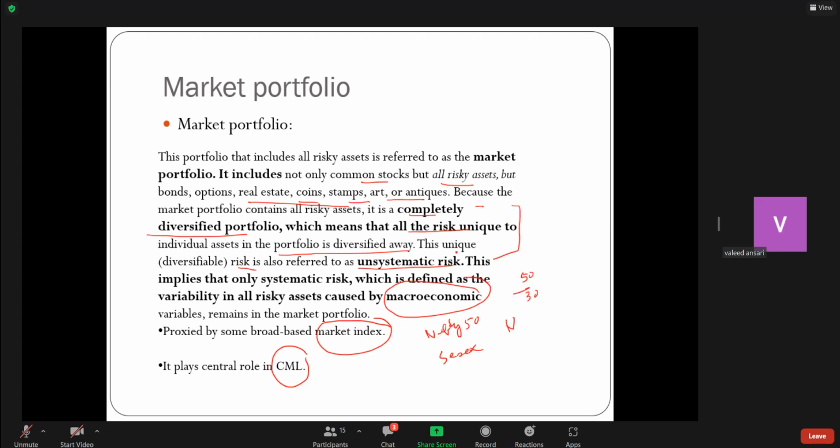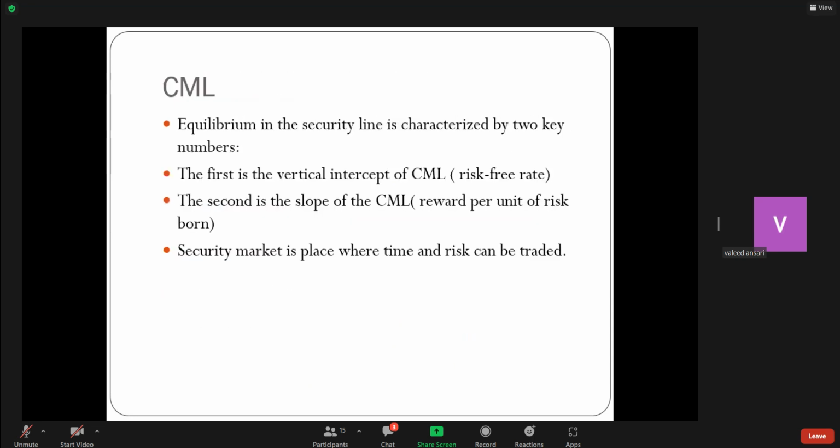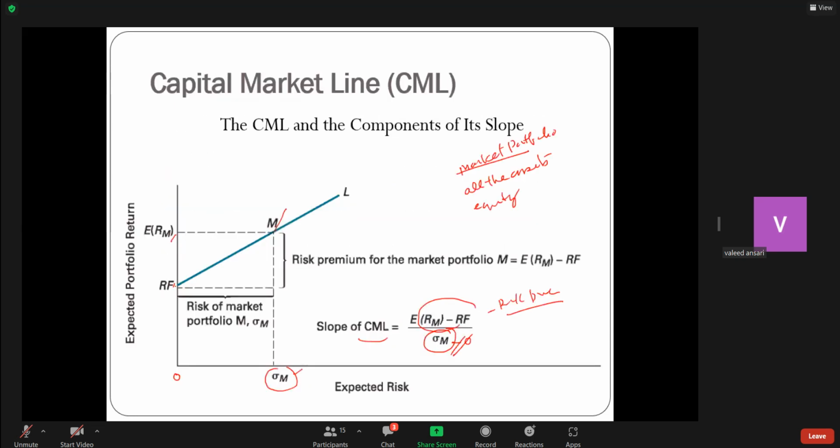So it's an efficient portfolio. So we find the risk and the return of this index, and that acts as the market return. That should act as a benchmark for the risk premium, how much over and above one should get. So this is the role which is played here.